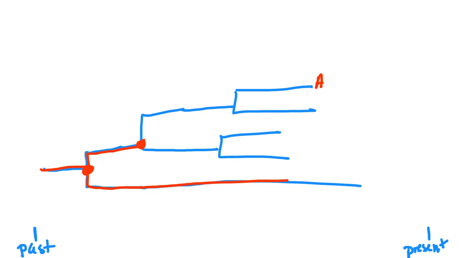So if we label these again, A, B, C, D, and E, A and B shared an ancestor at this point here, where I'm putting that circle, that node, that fork in the road. That's where they had a common ancestor. And then enough changes built up that now they're two different species, right? C and D shared an ancestor here, and A, B, C, and D all shared an ancestor here where I'm making it orange.